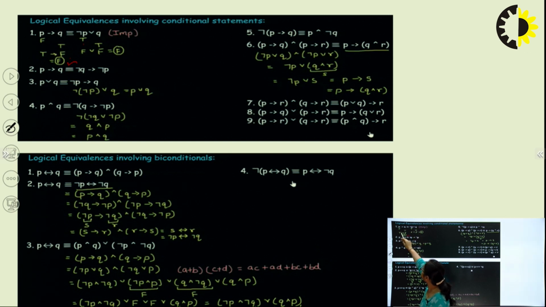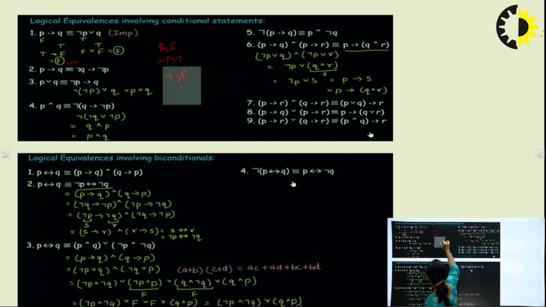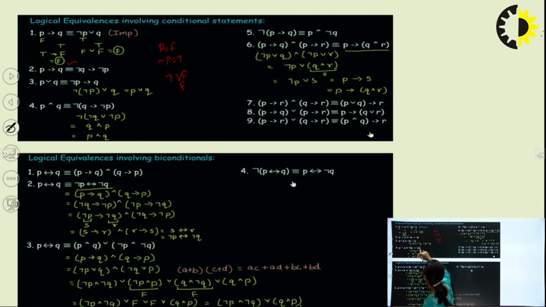And negation of P is true, so true disjunction true gives you true.